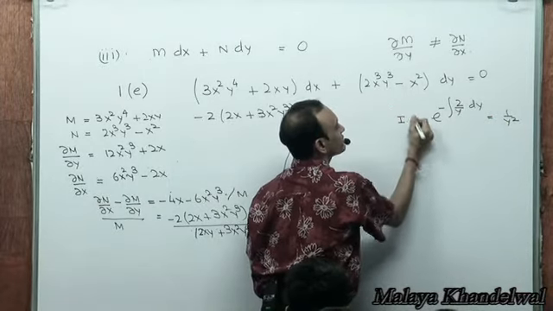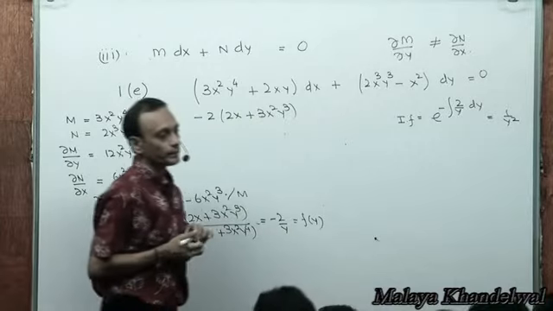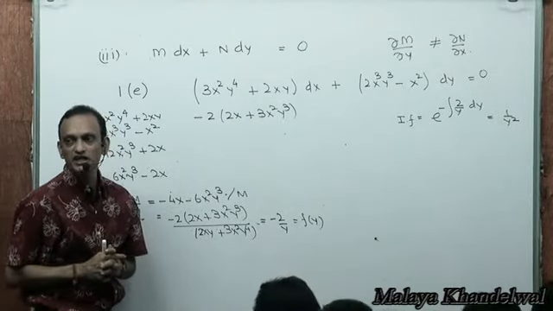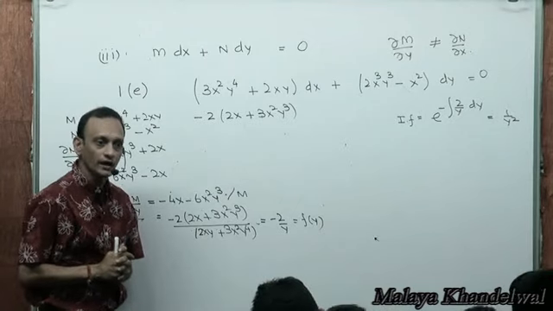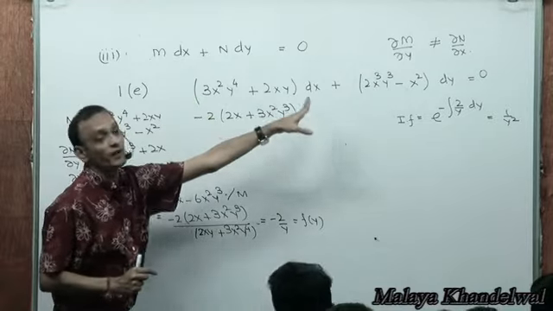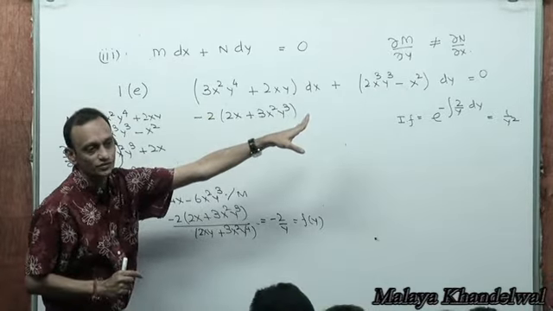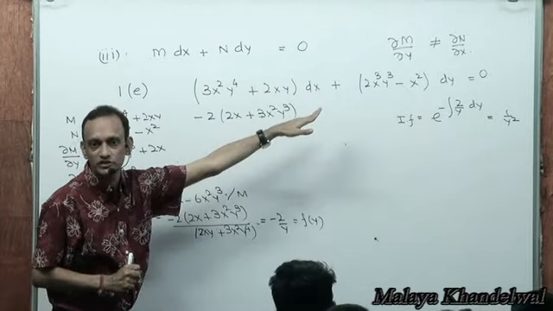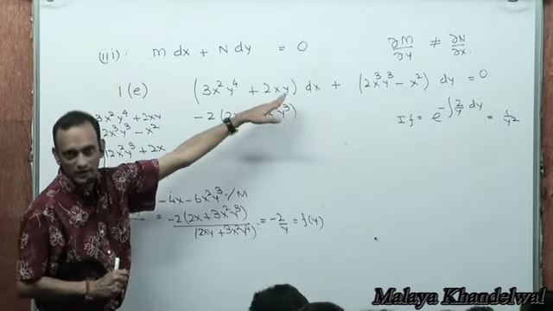That's my integrating factor. 1 by y squared is my integrating factor. So let's divide by y squared throughout and see what happens to this differential equation on multiplying by 1 by y squared.